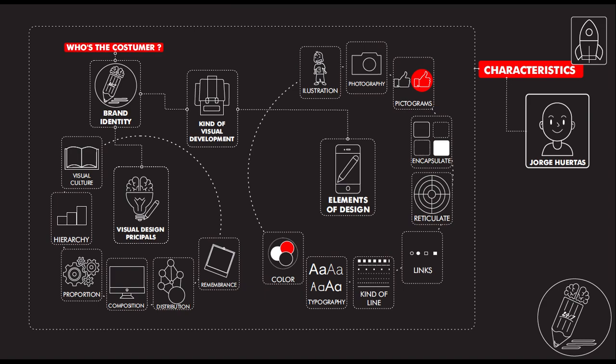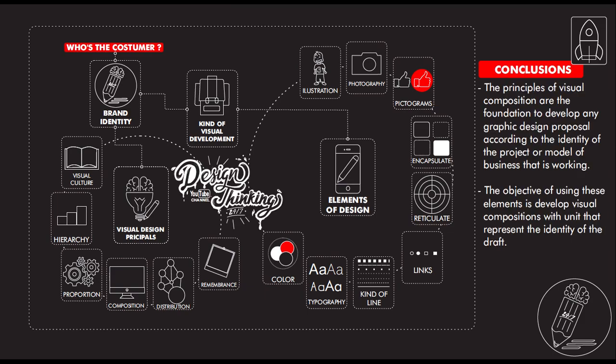Visual culture is extremely important for anyone who is designing any kind of development because it will allow you to focus on the things and trends that you are doing. As a conclusion, we can say that the principles of visual composition are the foundation to develop any graphic design proposal according to the identity of the project or business model that you are working on.